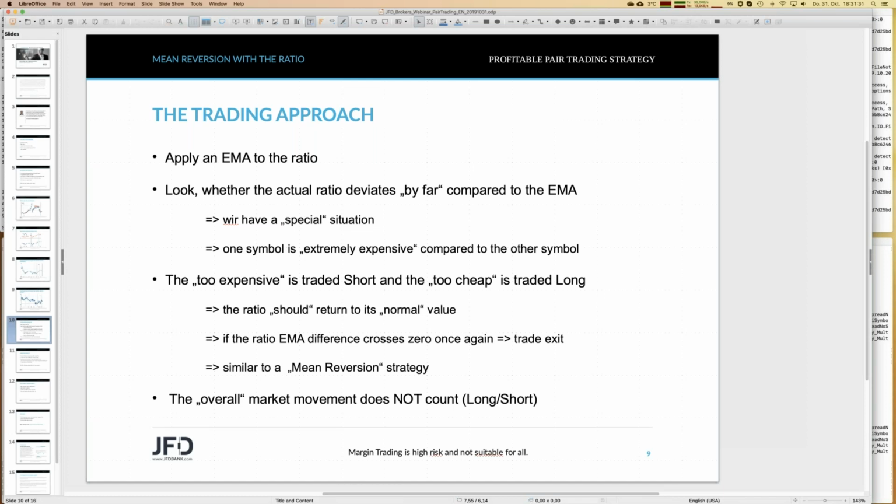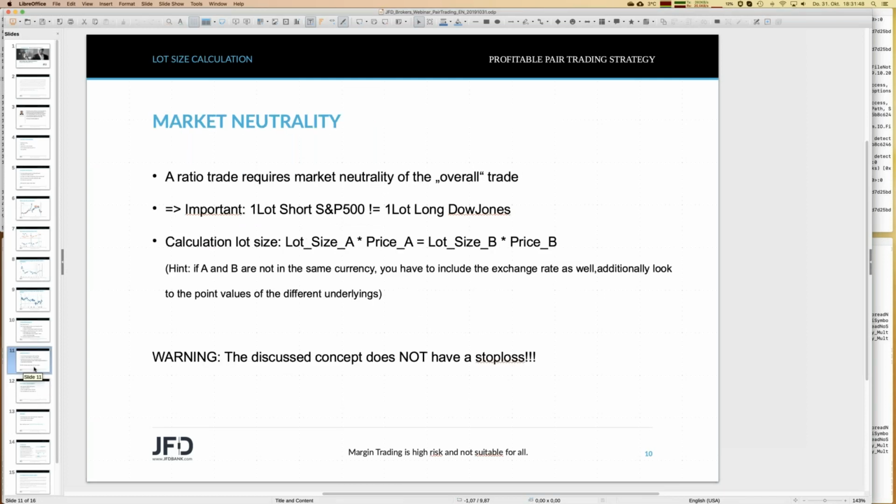The other good thing overall is in this case the overall market, we don't care. Think about Dow Jones and S&P 500, then it's easier to realize what I mean with market neutrality. And that's exactly what we have to introduce here as well, because finally we want to open two trades, but those two trades have to be market neutral.